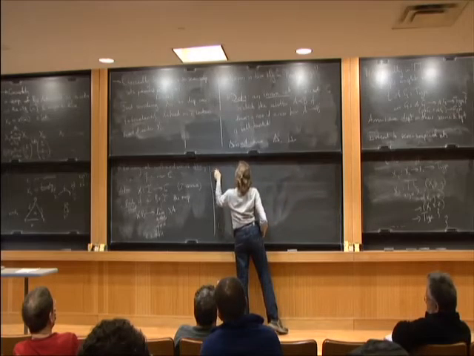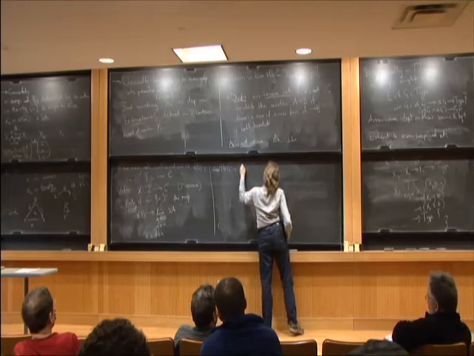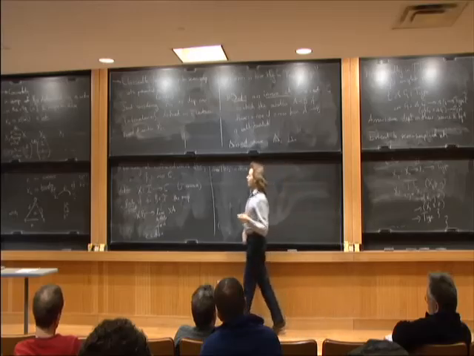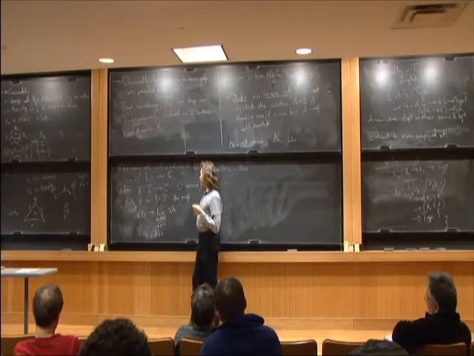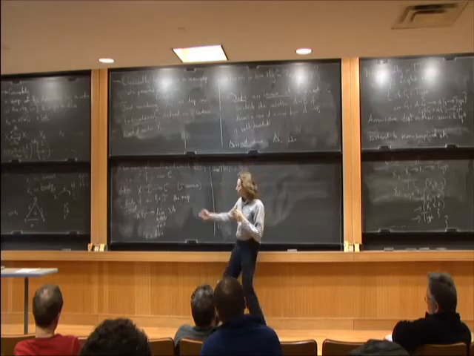Now, this notion, what do we need for this to be reasonably well behaved? Aside from anything else, what about these limits existing?